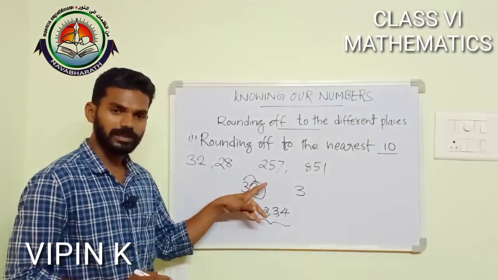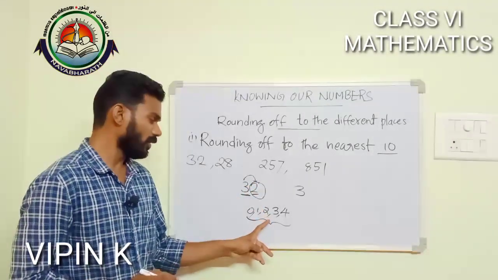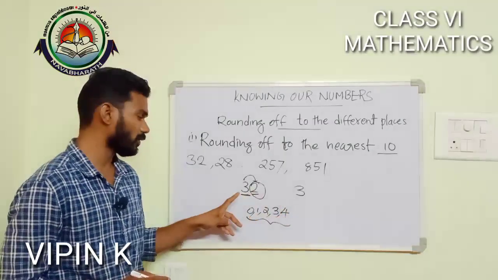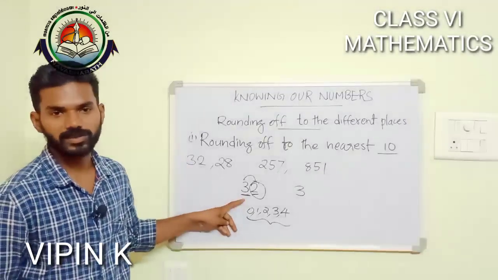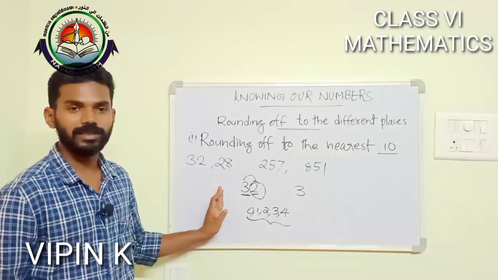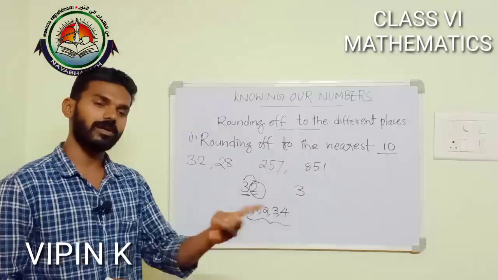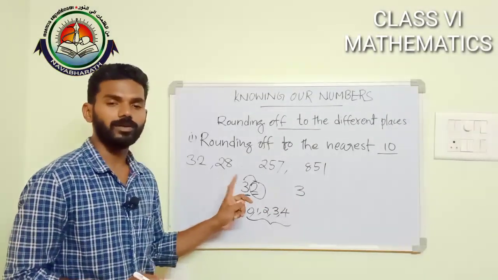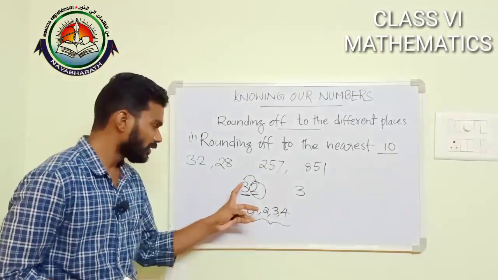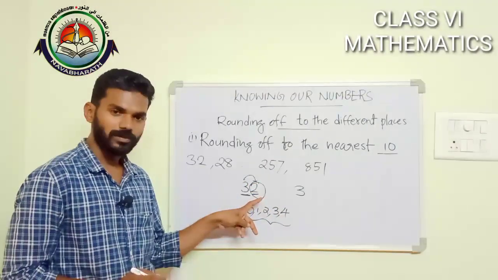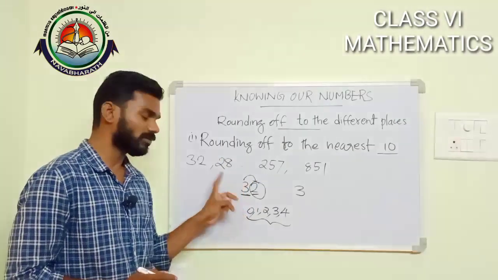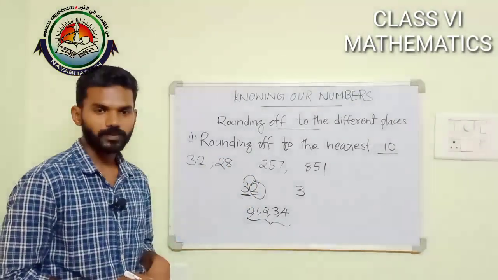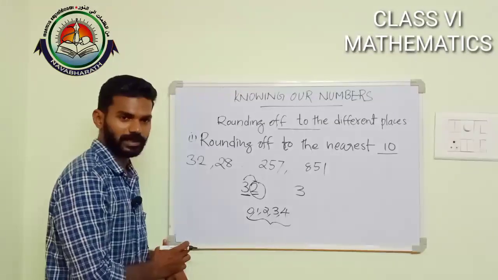If the next digit is 0, 1, 2, 3 or 4, we do not want to change the tens place. We need to write the same digit that is already in the tens place. And here it is 3. We do not want to change it because the next digit to the digit 3 is 2, and 2 belongs to this category.